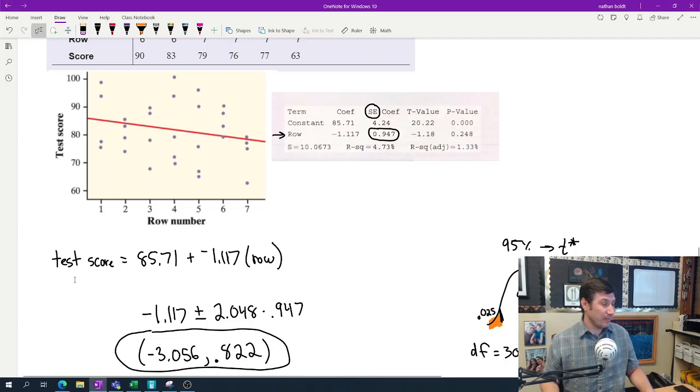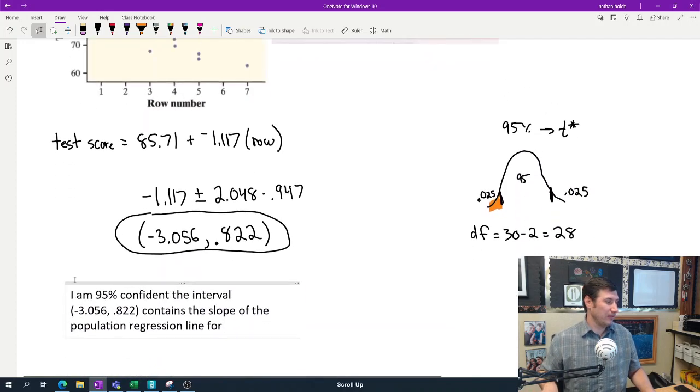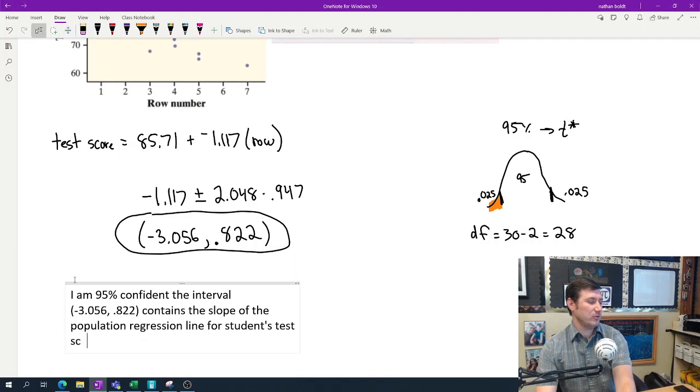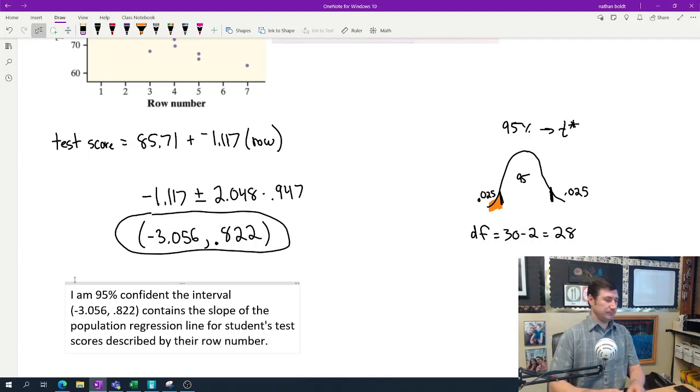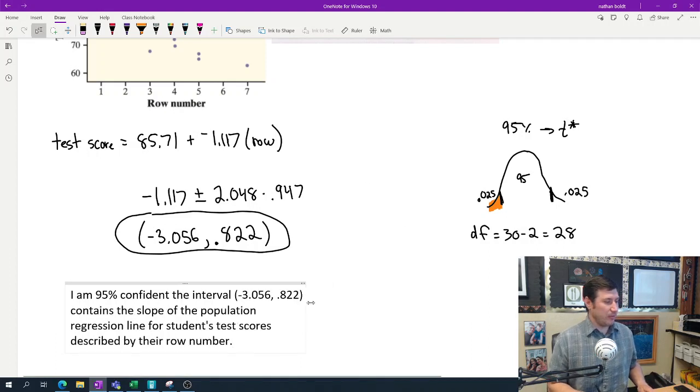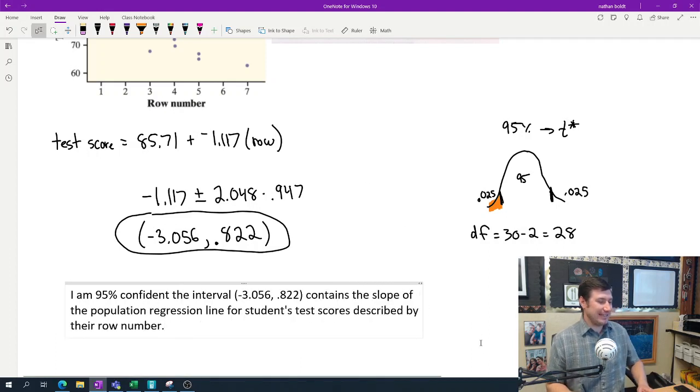Test score described by row number. The regression line for students' test scores described by their row number. I want to make sure we have both the dependent and the independent variable described there in our sentence.